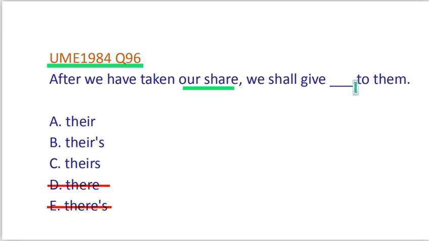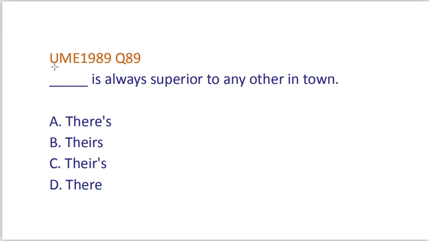Since the noun is not there, we look for the pronoun, and that is option C, theirs. We shall give theirs to them. That is, we shall give their share, their own, to them. Theirs, option C.